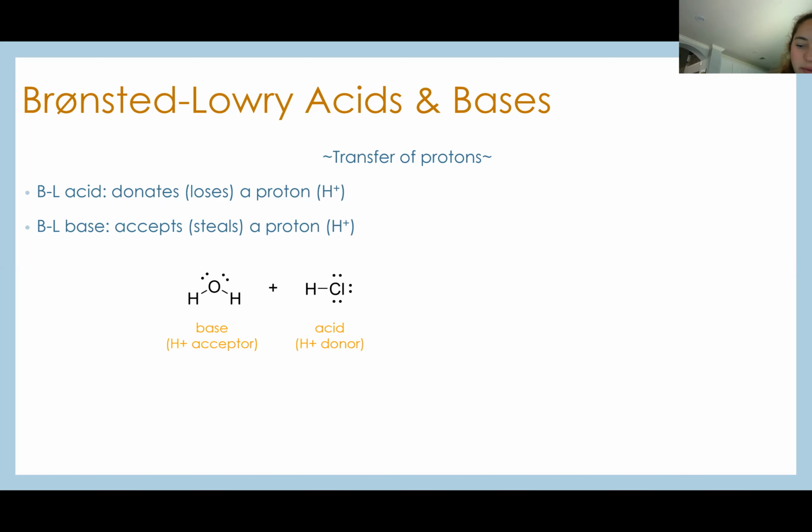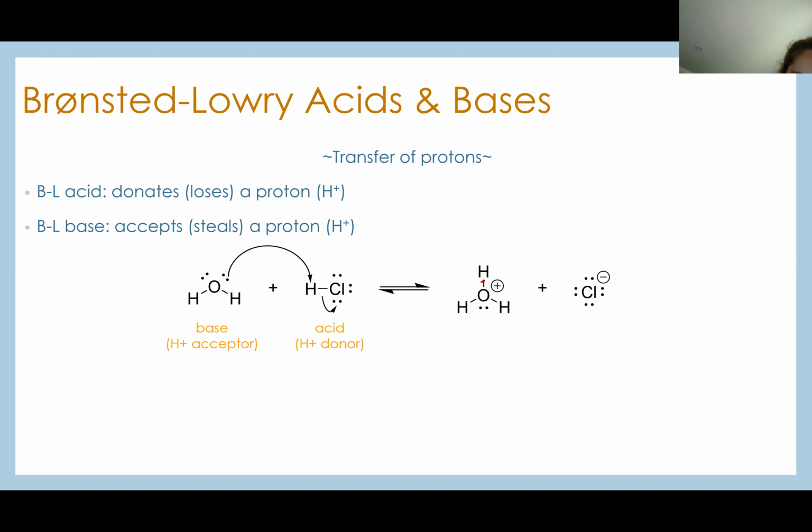And what that's going to look like with your reaction arrows is the lone pair on the water is going to attack the proton. And then what other arrow do we have to draw? If we just attack the proton, we're going to end up with a bond from water to the hydrogen. Take the bond away from the hydrogen and chlorine. Right. So we want to break the bond between hydrogen and chlorine and give the electrons to chlorine. So what that gives us is H3O+, hydronium, and Cl−, chloride.